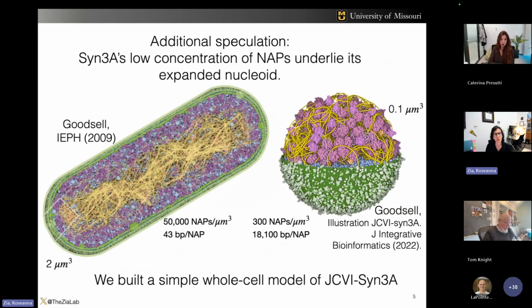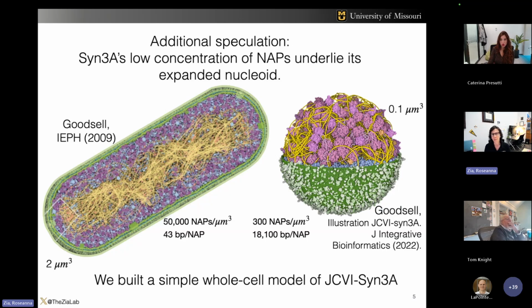Then also in conversations with John, there was speculation emerging from recent studies, thank you, John, that suggests that Syn3A's lower concentration of NAPs underlies its expanded nucleoid. And we like to count. E. coli has more than 100,000 NAPs of various types, while Syn3A has about 30 of HU only.